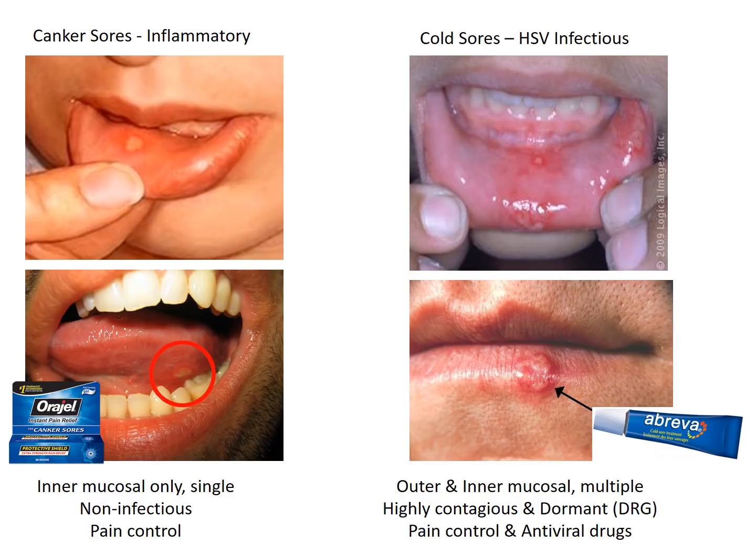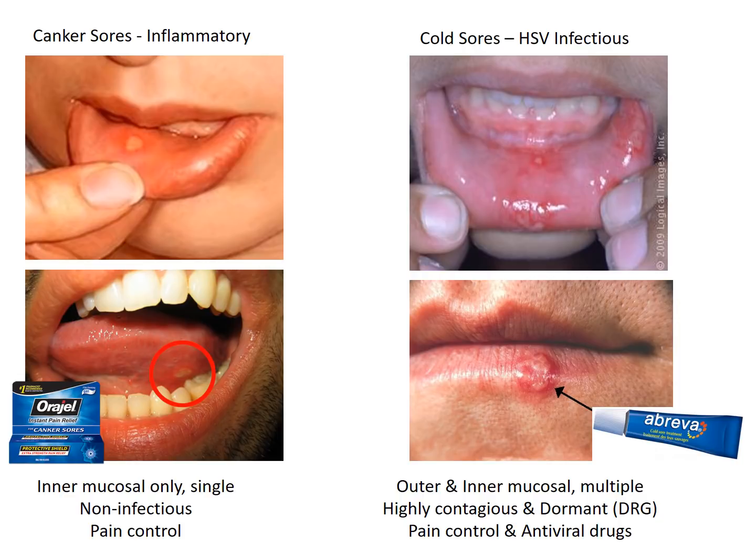HSV is highly contagious, and as you know, it could reoccur, it could be dormant. So we learned about the dorsal root ganglion in the neuro unit, so that herpes virus is able to stay for a long period in that dorsal root ganglion and reactivate. Management of this would not only be pain control, but also antiviral drugs such as acyclovir or valacyclovir.